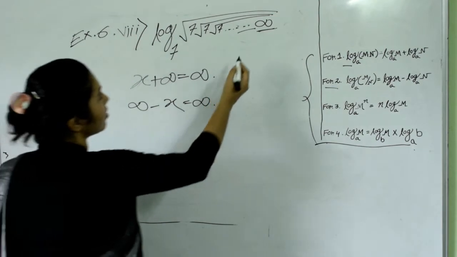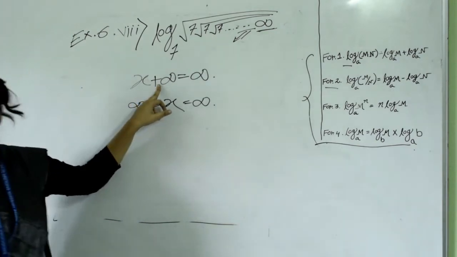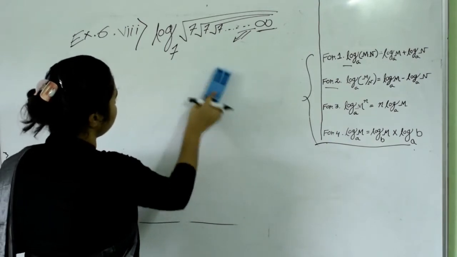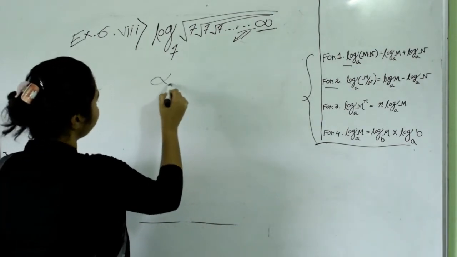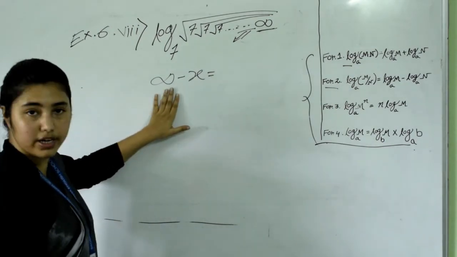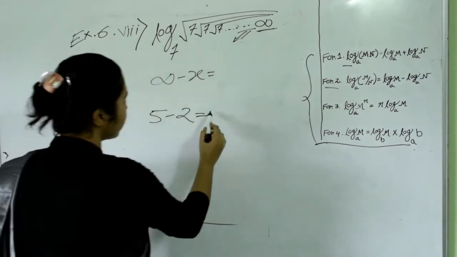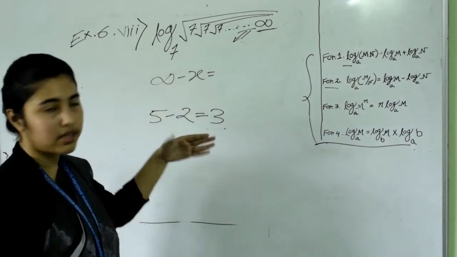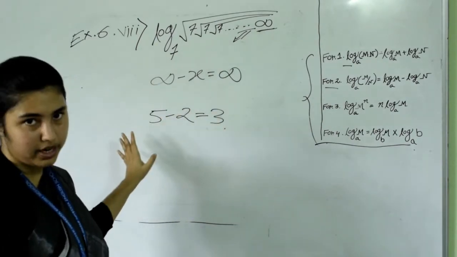That means if we take 1 or 2 terms from infinity, it will also remain infinity. If you subtract any real value from infinity, it will have no effect on infinity. Just as when we subtract 2 from 5 we get 3, but infinity is so big that whatever you subtract from it, it remains infinity, it makes no difference.